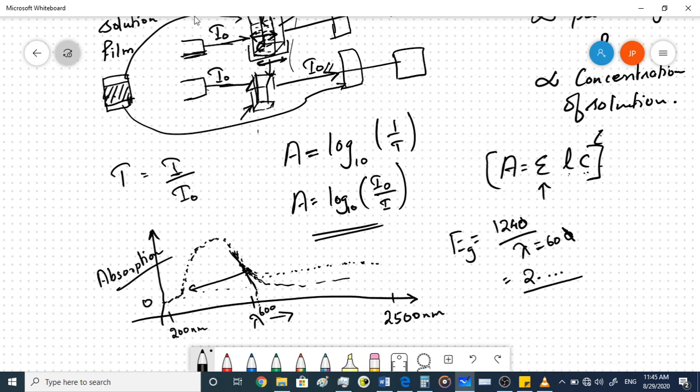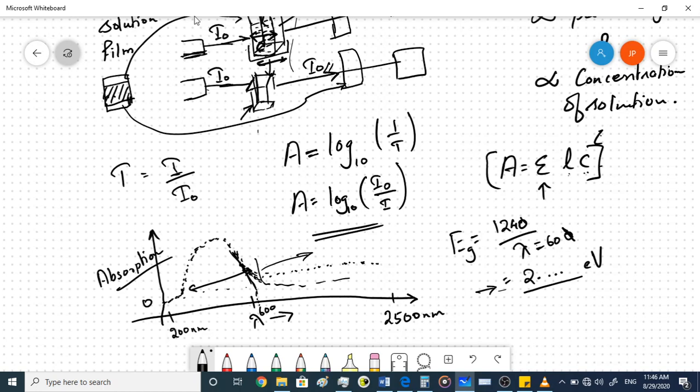Somewhere in that range you will get your, no, sorry, not the lambda, electron volts, which is the band gap of the semiconductor, because the light is getting absorbed only in this range, and the final value of your light that is getting absorbed will correspond to the band gap of the material, because all those photons which have energy less than this will not be absorbed by the material itself. So the absorption spectroscopy can give an idea of the band gap, but this is not the actual way in which you have to find the band gap.